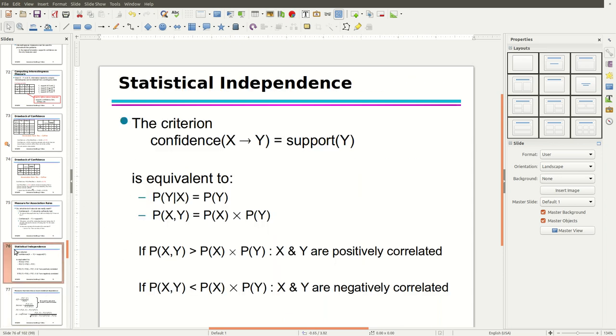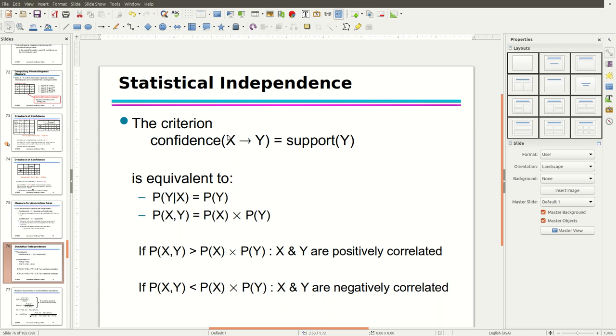I might need to actually show why this is the case, because support of Y means Y out of all transactions, right? And confidence X implies Y means that, given X, that is going to be at the bottom of that equation.